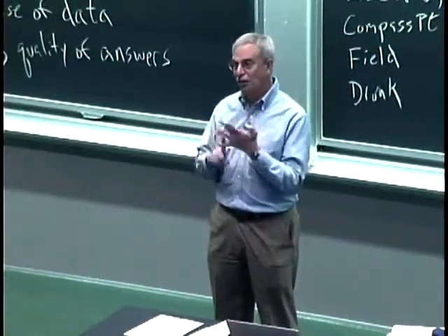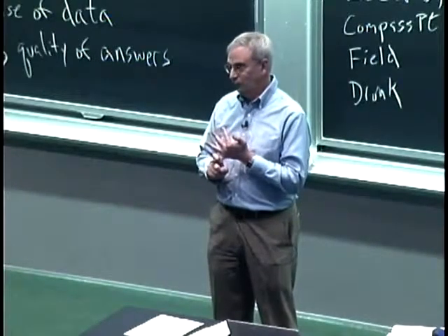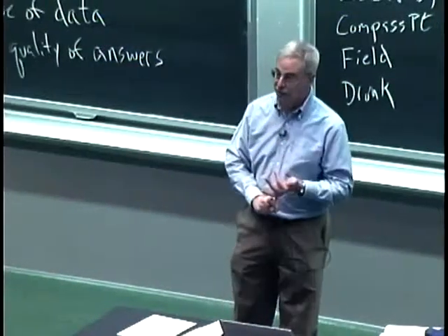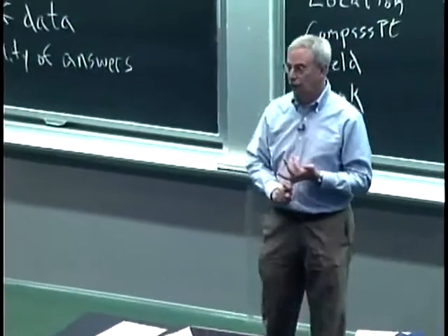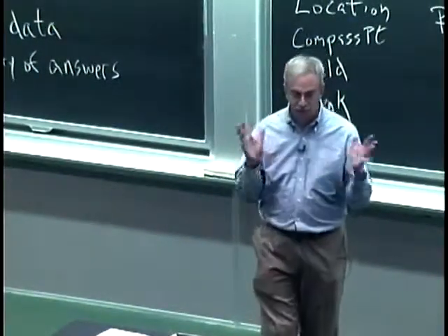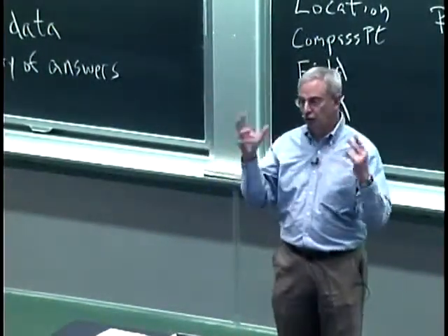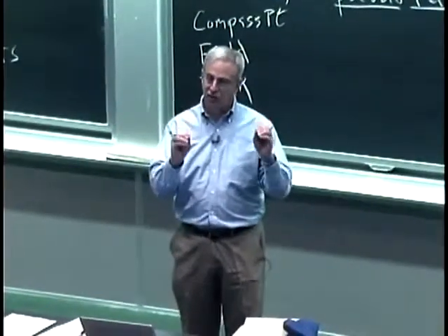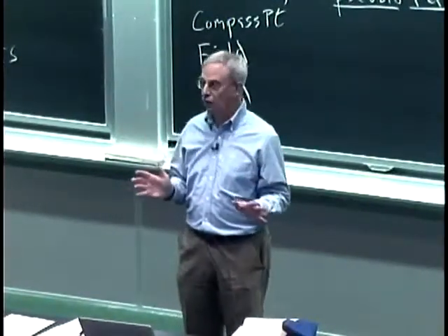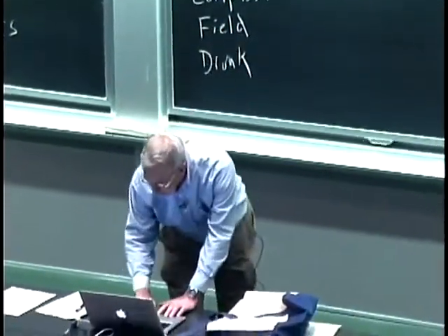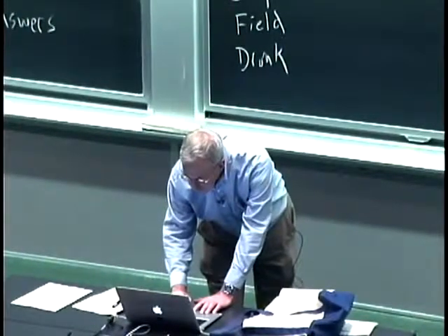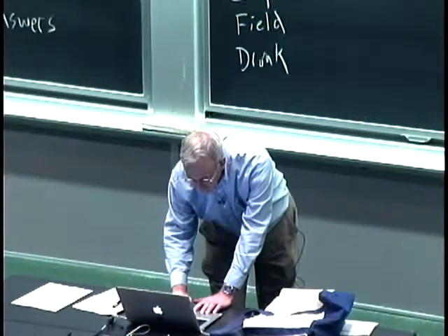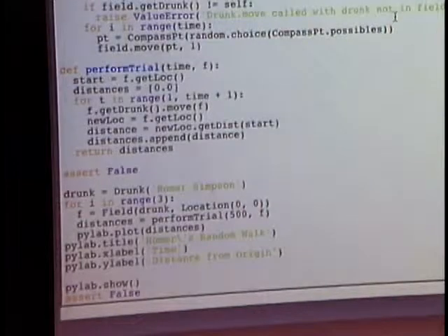I only have to change field. And we'll also see I don't have to change drunk. So again, it's very nice that the class structure, the modularity, lets us have decisions in exactly one place in our code. Hugely important. All right, now let's look at drunk. So the drunk has a name.